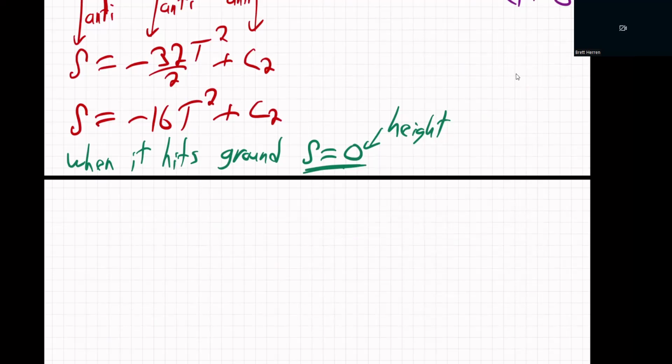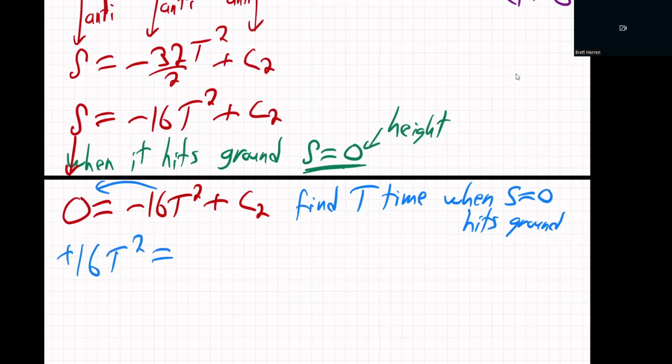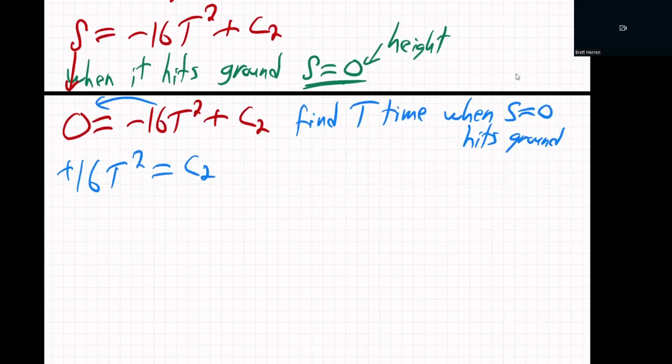If I take this equation and put in 0 for S, I can find the time t when it hits the ground. I have to solve this equation, so I bump this to the other side. Positive 16t squared is C2. Now divide by 16.